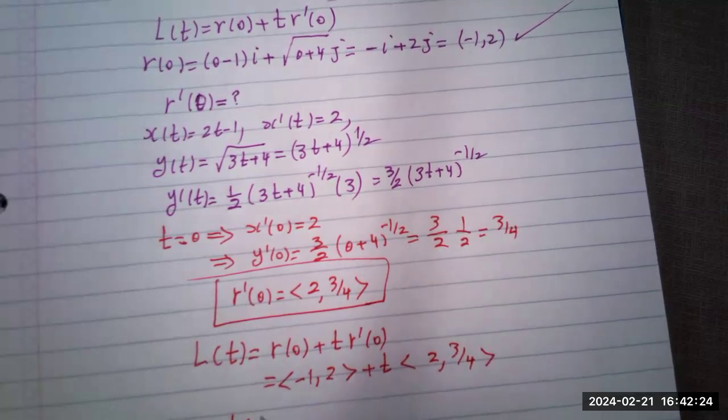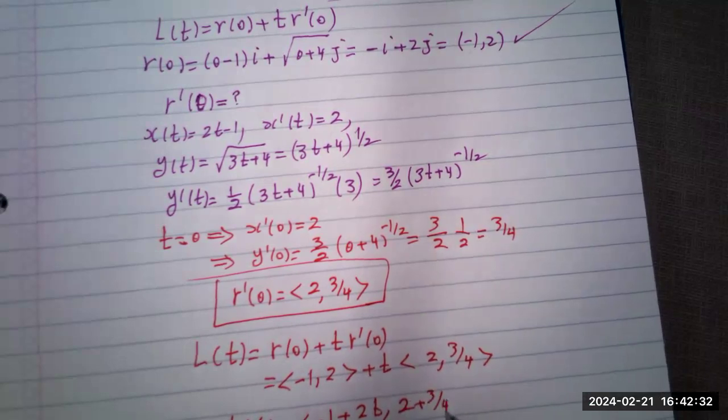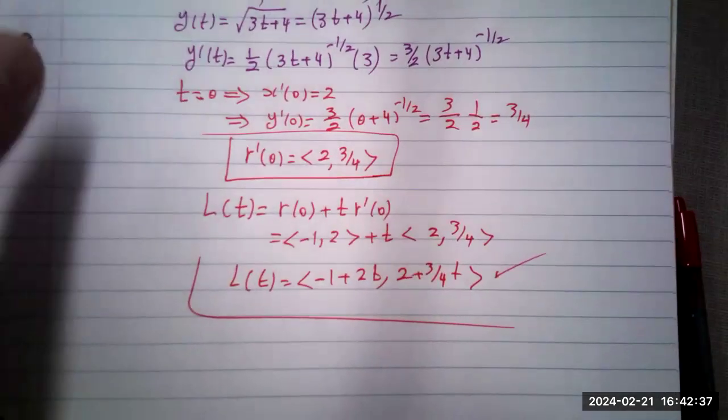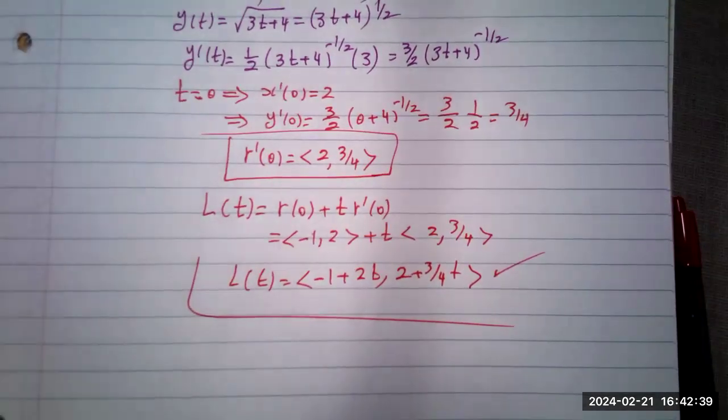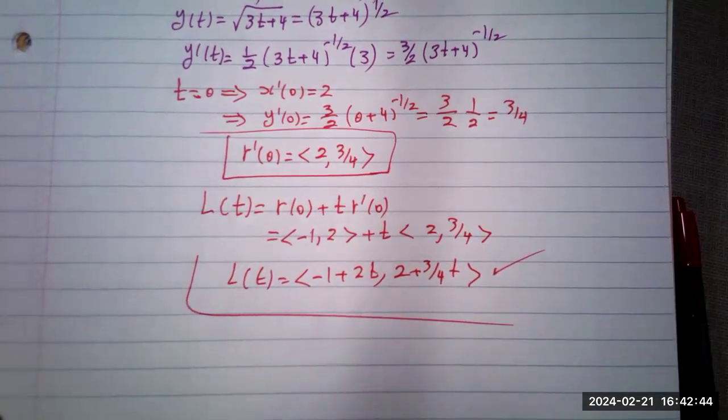If you like, you can put them together: -1 plus 2t is the x coordinate, and 2 plus 3/4 of t is the y coordinate. It's nothing new, because this is x0 plus at, and this is y0 plus bt. A point and a vector are given to you. For the second one, it's the same, you can check the solution.